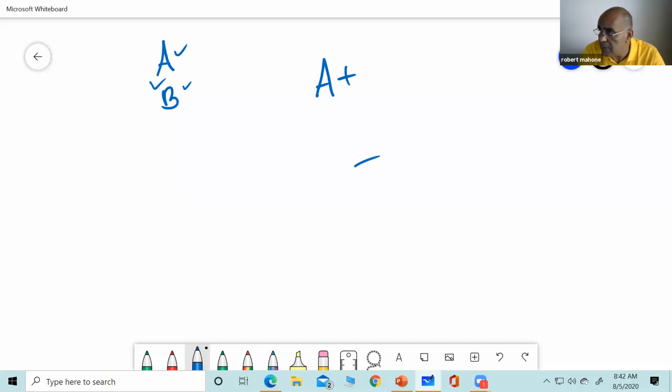Okay. Now, any one of these blood types, A positive, B positive, AB positive, or O positive, they have the additional marker. If you are negative, then you don't have the additional marker, and you can be A negative, B negative, AB negative, or O negative.